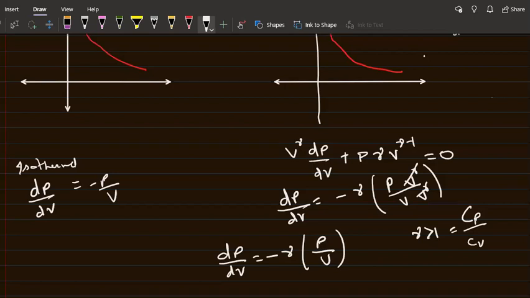Adiabatic, yes, very good. Got it everyone? Everyone is getting this? Okay, very good.